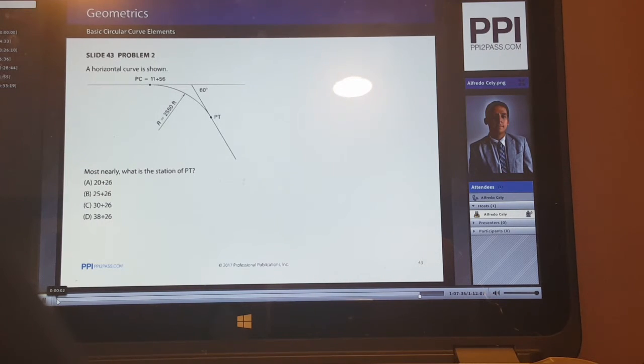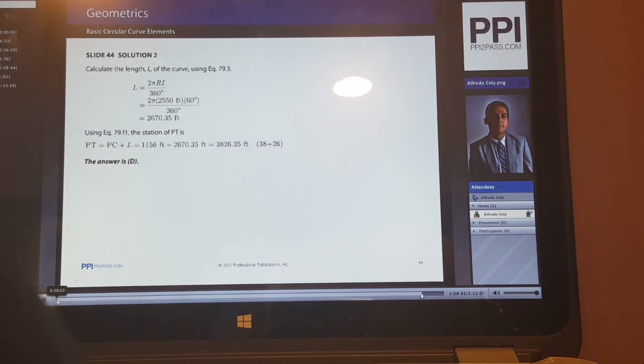Having that one-page reference in hand, you will be invincible when it comes to solving horizontal curve type of problems. So let's go to the solution.